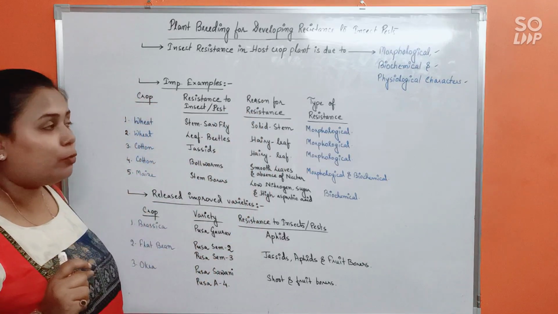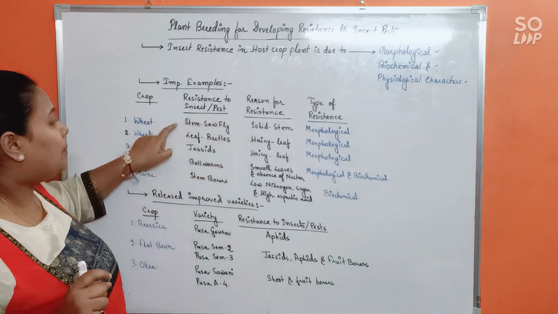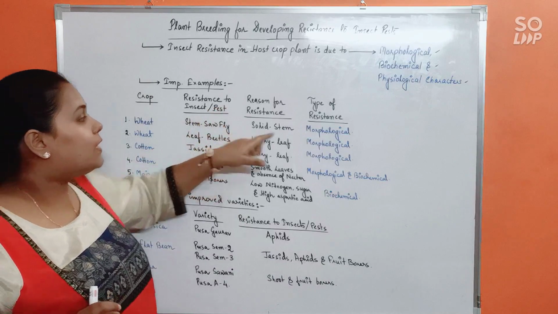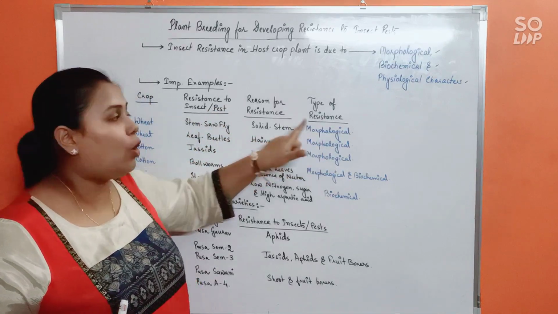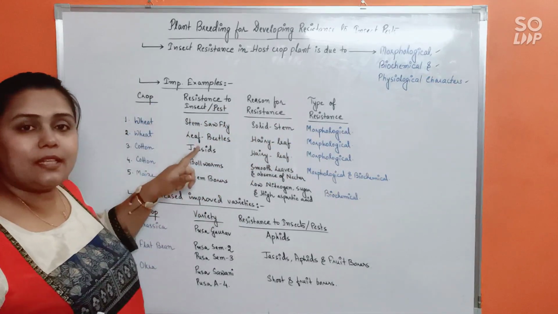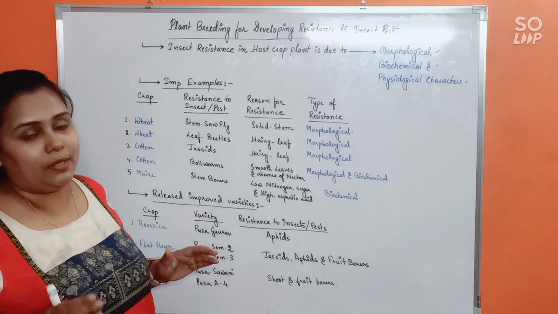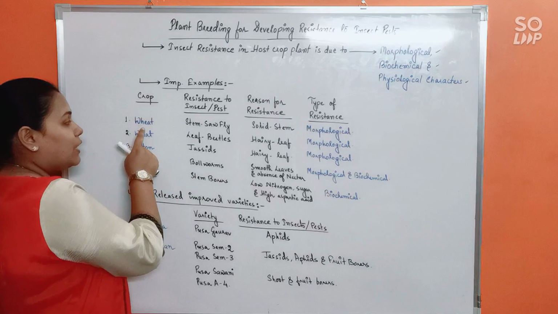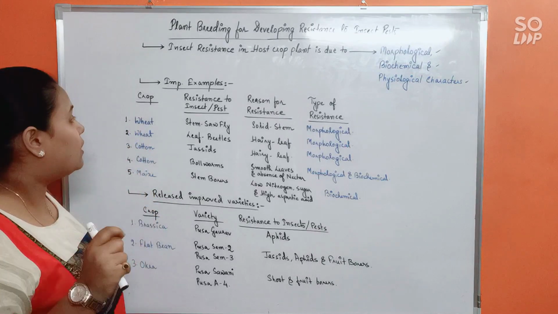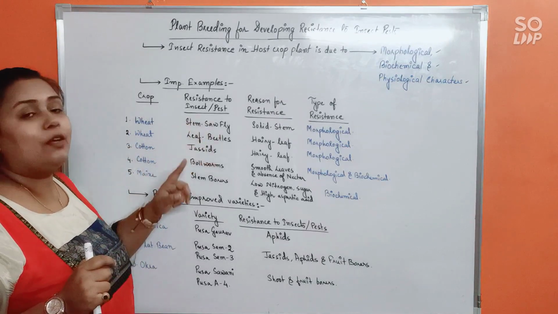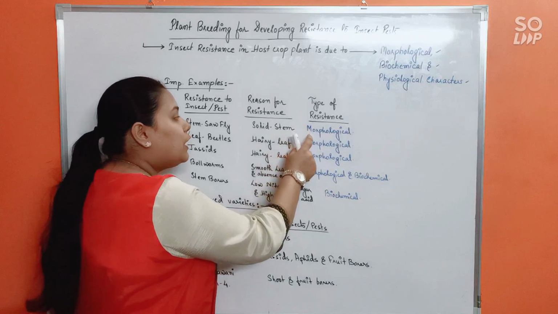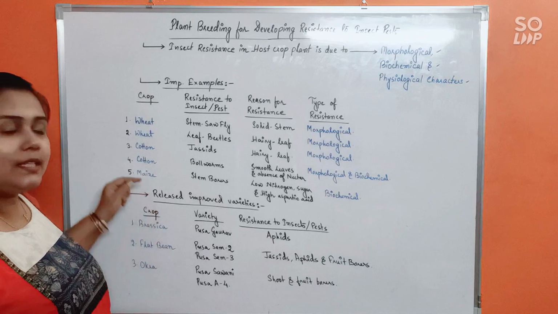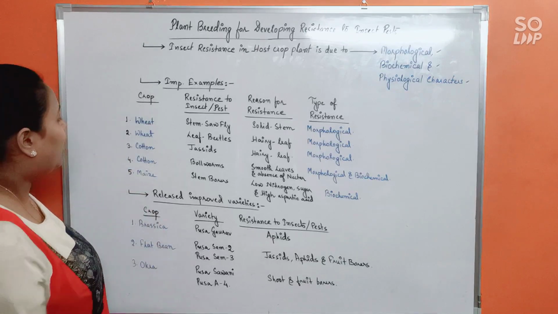The solid stem of wheat can't be penetrated by the stem sawfly. So it is a morphological characteristic of wheat that makes it resistant to the insect pest. Understood? Certain varieties of wheat are naturally resistant to stem sawfly because they have a morphologically solid stem. Likewise, these are the other important examples.